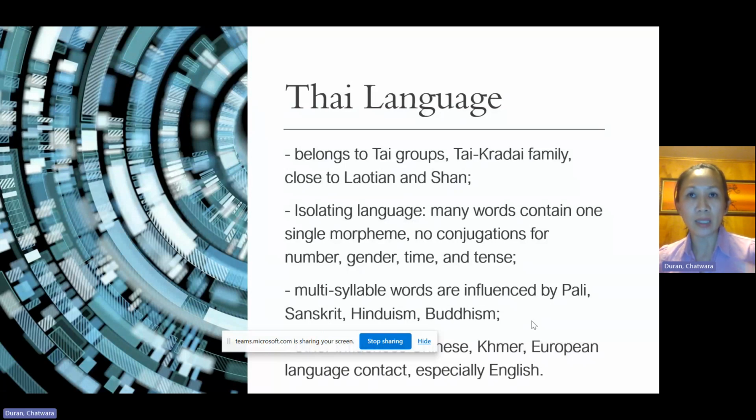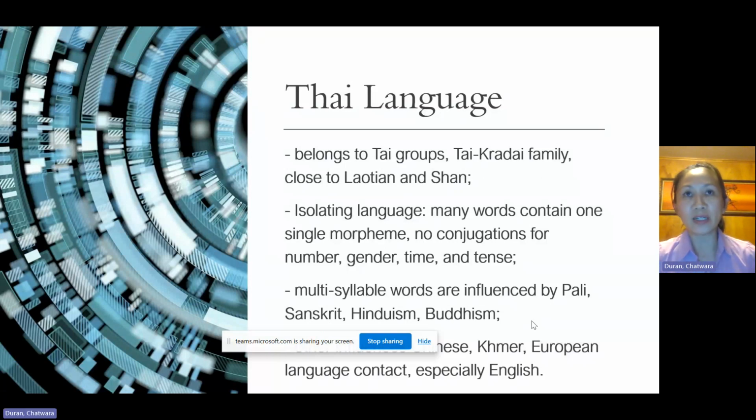Ant has to stay together to mean that little creature. So it's one morpheme and it's also one word. In Thai, there are a lot of words like that: one single morpheme, one single syllable, and a meaningful unit in itself.